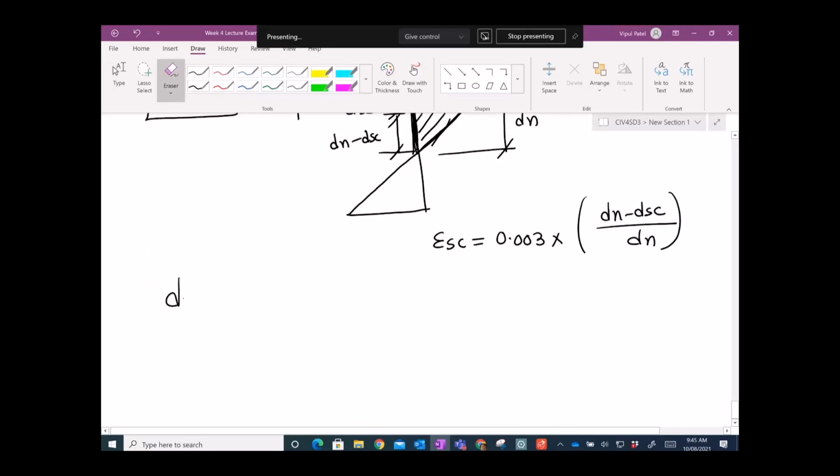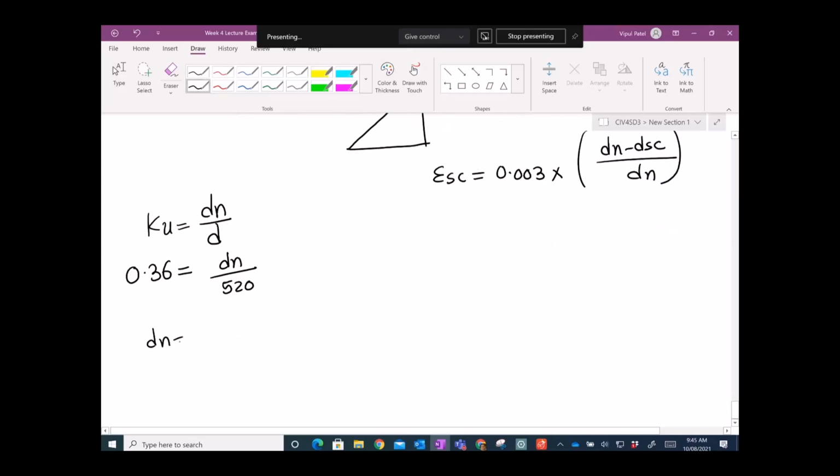So basically dn can be calculated from Ku. Ku is equal to dn over d, right? So Ku was 0.36 if you remember from the last one. d was 520.